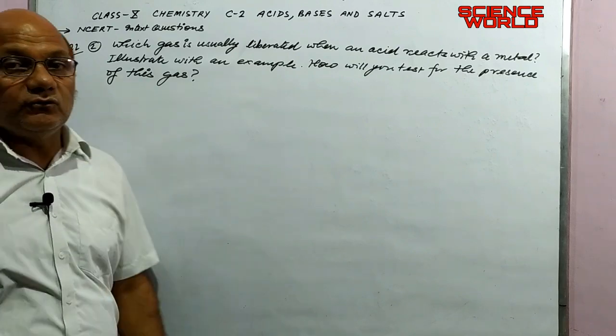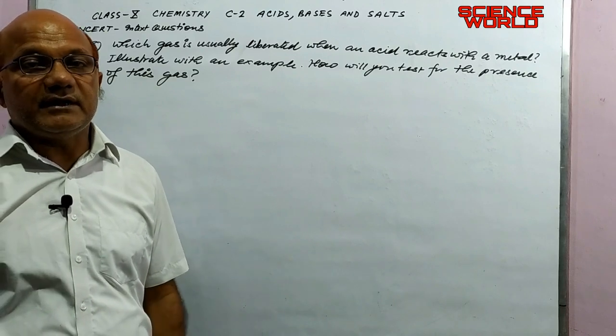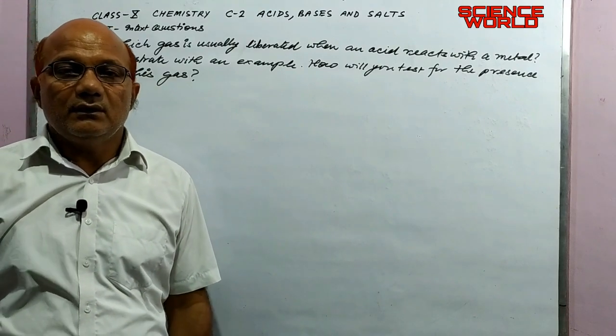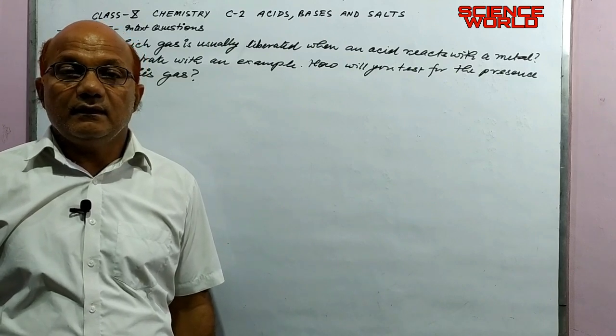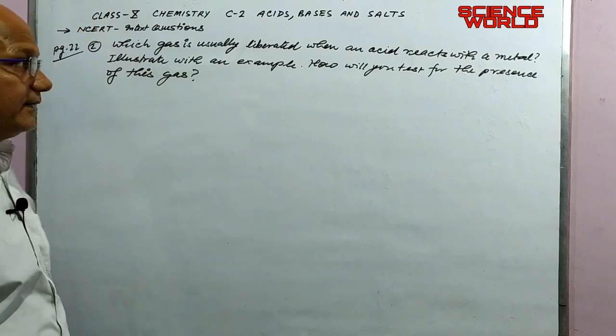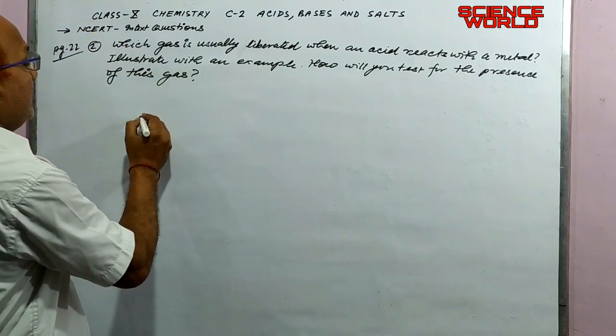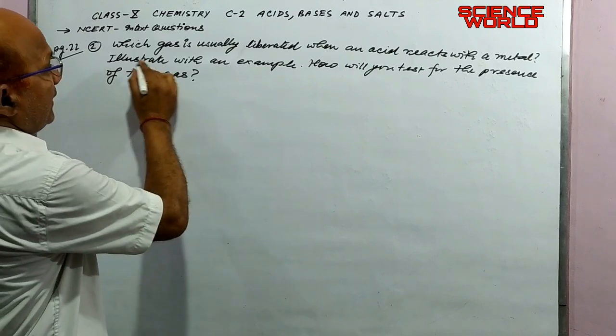Which gas is usually liberated when acid reacts with a metal? As you know, hydrogen gas is liberated when an acid reacts with an active metal. Suppose, how can we illustrate?